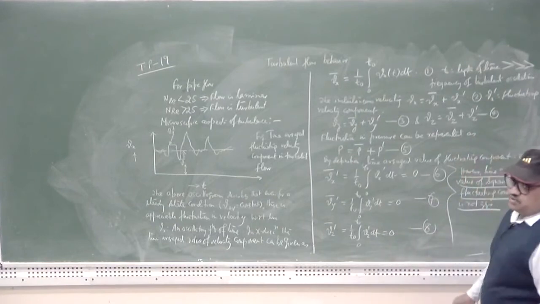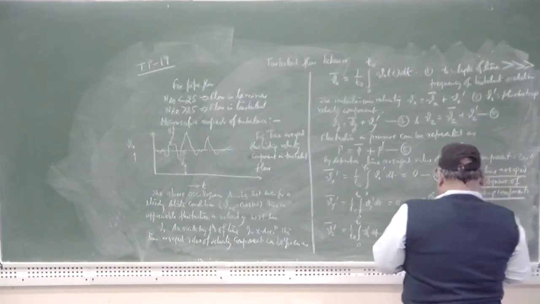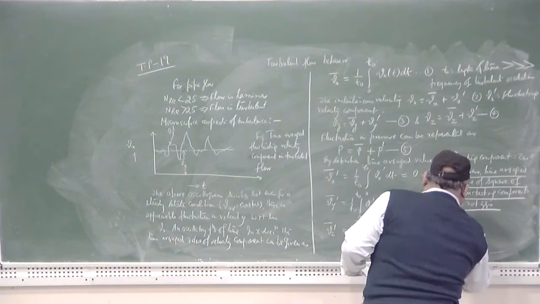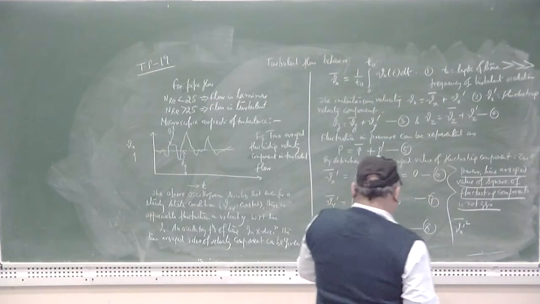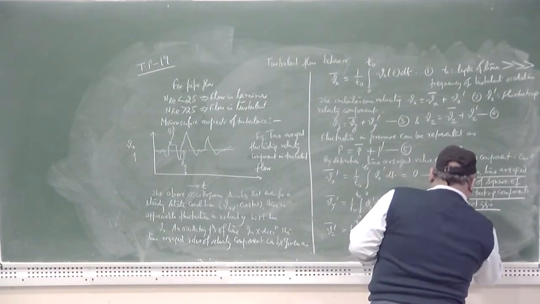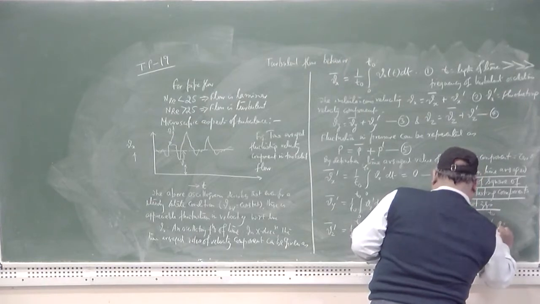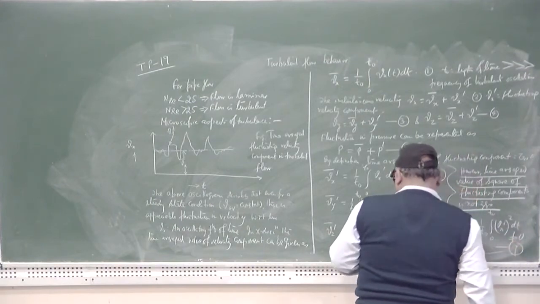Time average value of the square of the fluctuating component is not equal to 0. That means the average value of Vx dash square, that is equal to 1 by T naught integration from 0 to T naught Vx prime square dt, should not be equal to 0. Let it be equation number 9.